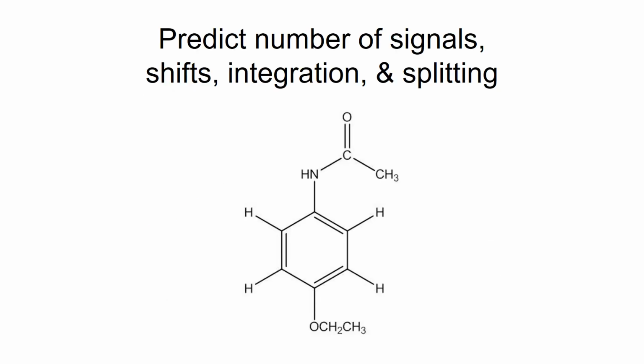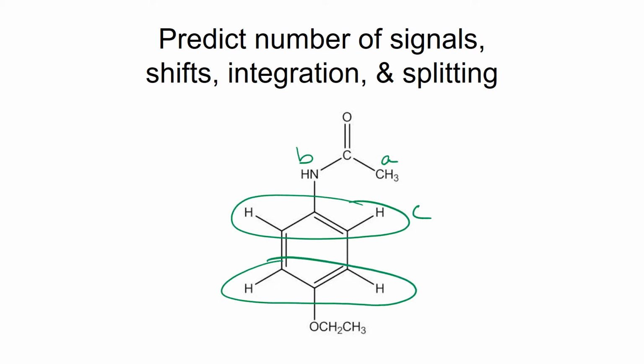Let's talk about this one in terms of prediction. We have an A, B, C, D, E, F spin system here. If we were to assign splittings, we would have a singlet, a doublet, and then that quartet triplet splitting pattern.